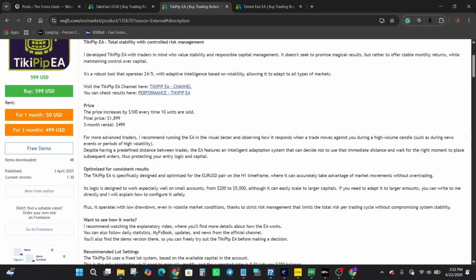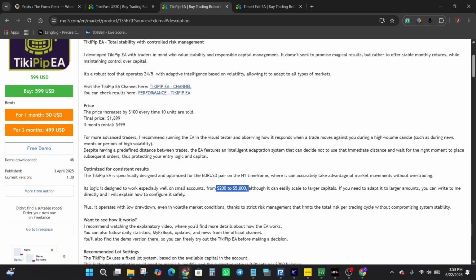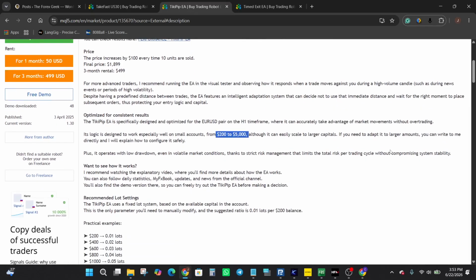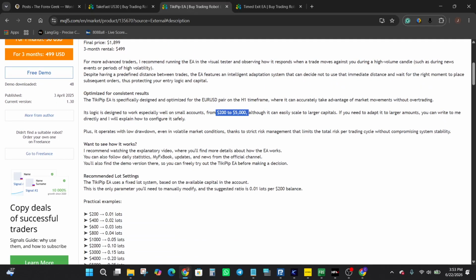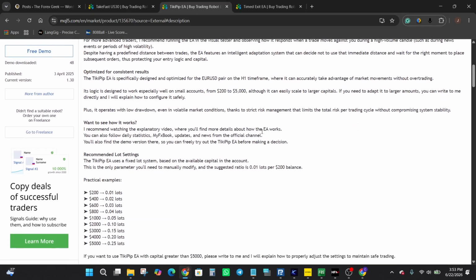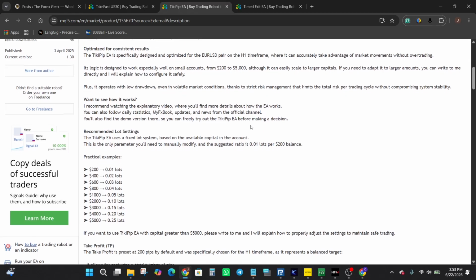The recommended account size ranges from around $200 up to $5,000, although the developer notes that larger accounts may require customized configuration. As I scroll through the product information, we can see that risk management is a major focus of this EA.